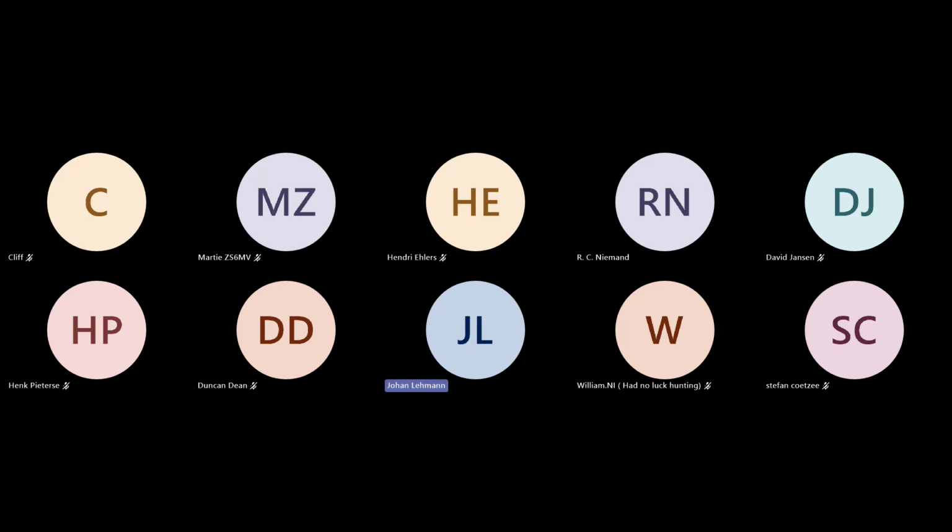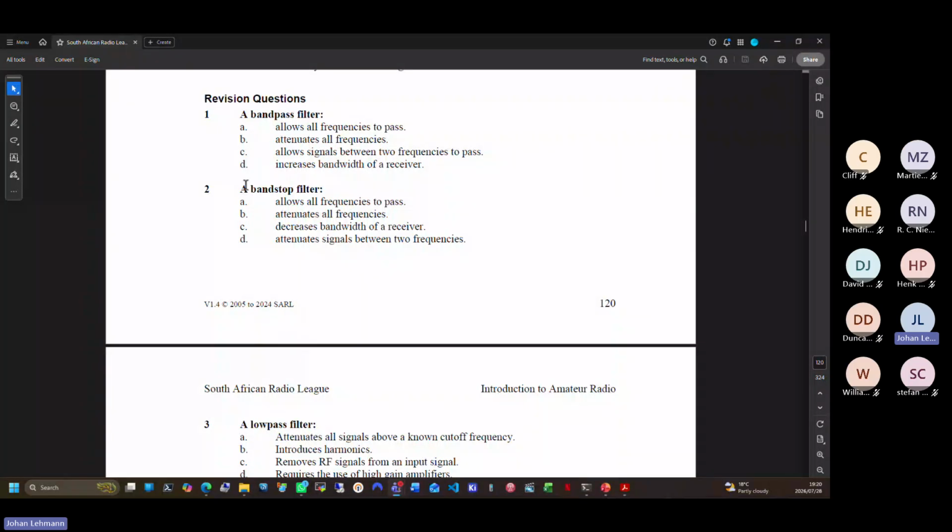Okay, let's go to our books and let's have a look at what we have here. Questions in the book. A bandpass filter allows all frequencies, attenuates all frequencies, allows signals between two frequencies, increases bandwidth of a receiver. C, allows signals between two frequencies.